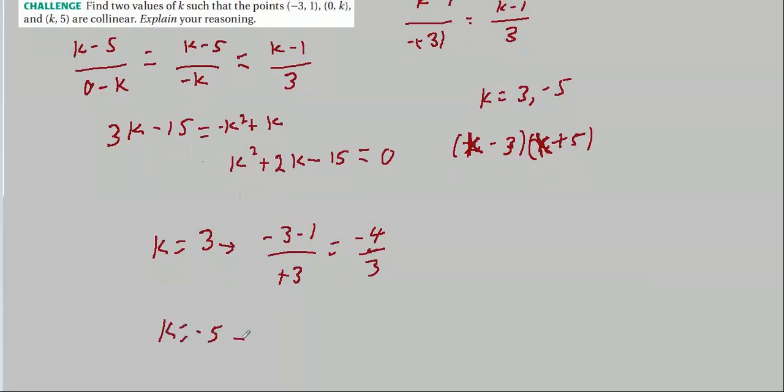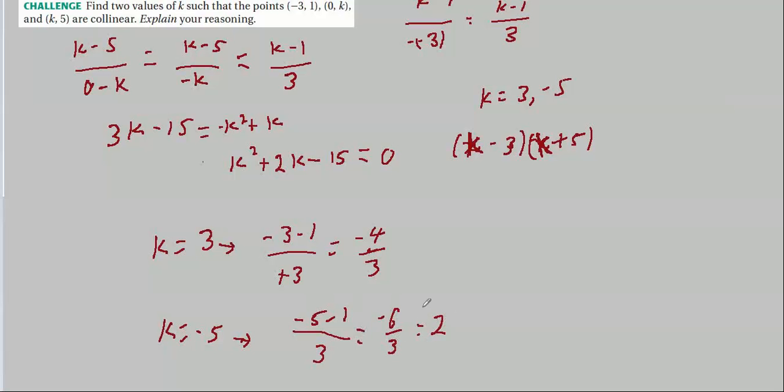Sorry, there we go. Minus 5 minus 1 over 0 minus a minus 3. We get a positive 3 at the bottom here again. Minus 6 over 3. That equals 2.